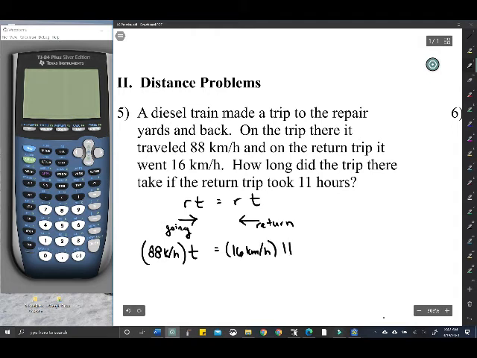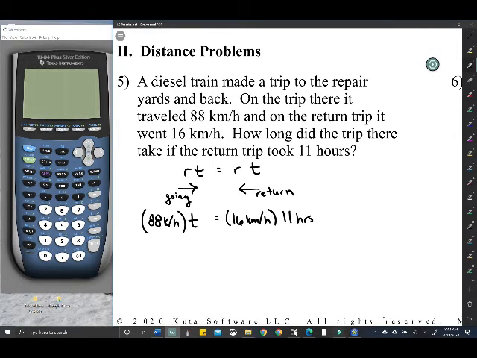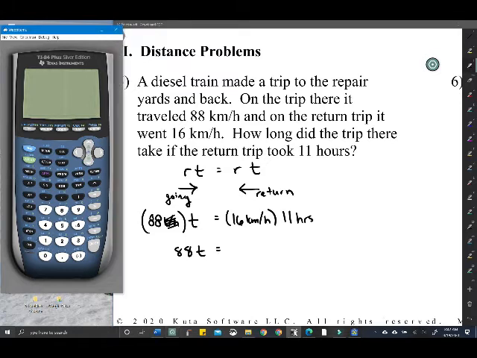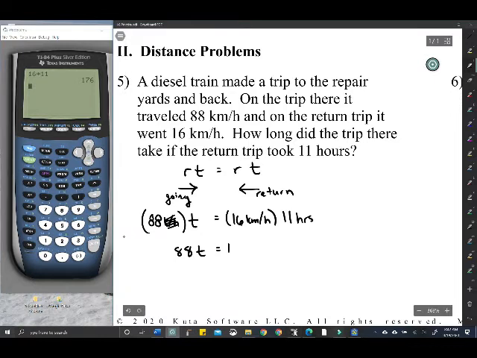Remember that the distance is the same, so the times or the rates we can solve for. So in this first place, we just have 88t. Okay, ignore the units for this particular time. 16 times 11 is 176.